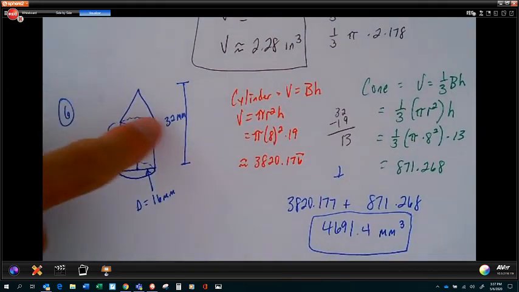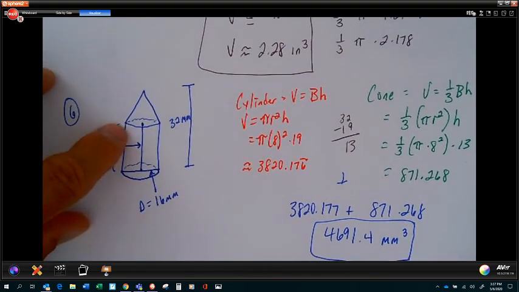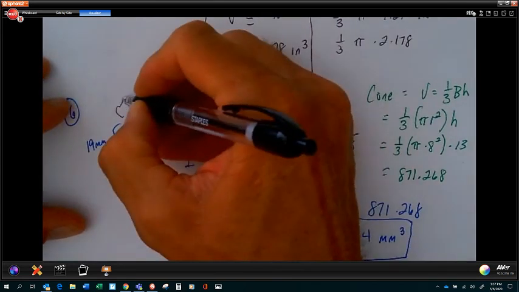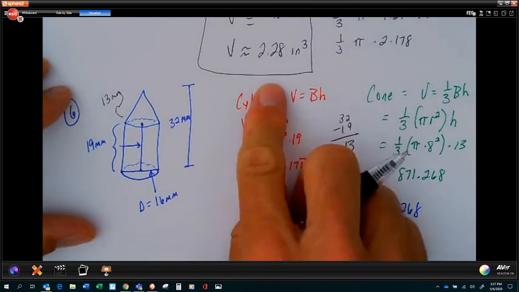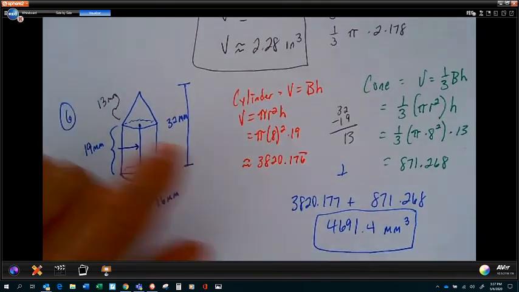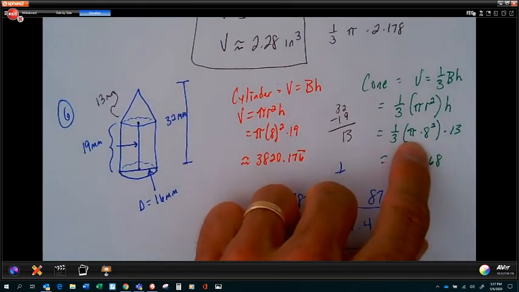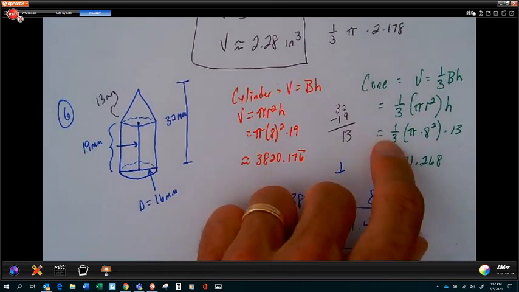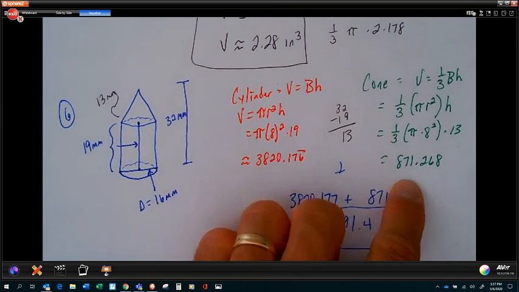So we take 32 and subtract 19, because if the total height is 32 and the cylinder's height is 19, then the height of the cone has to be equal to 13 millimeters. Now we substitute in 13 for our height, multiply 8 squared, which is 64, times 13, take a third of that, and then multiply it by pi, and we're going to get 871.268.